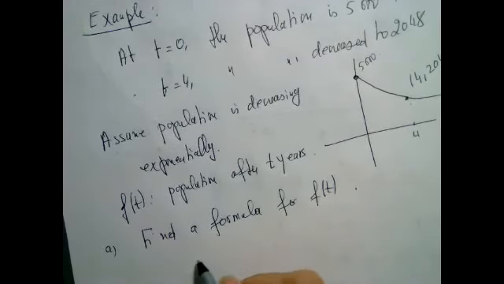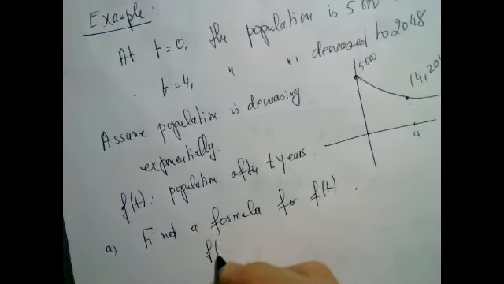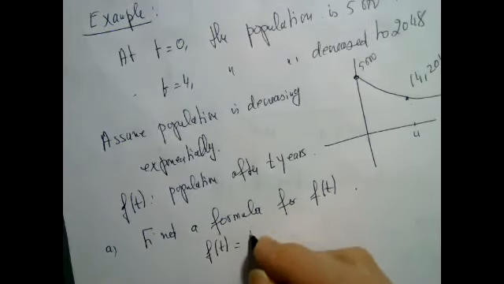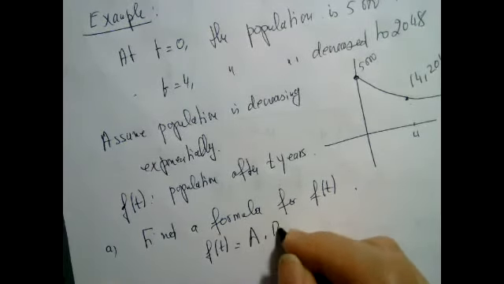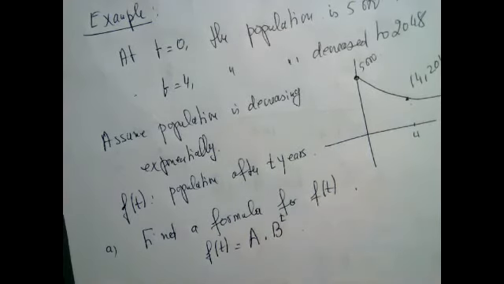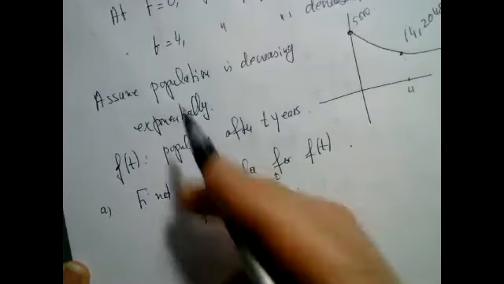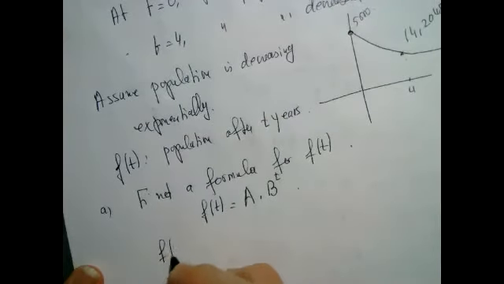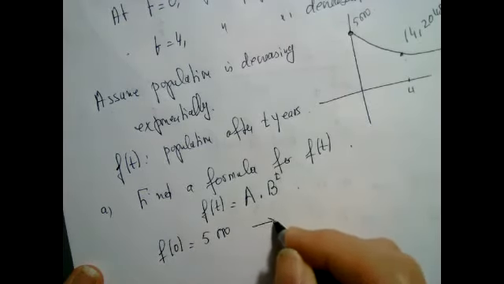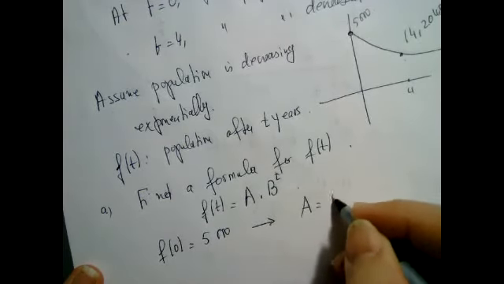All right, since it's an exponential, it means the function has the form a times b to the t. Okay. And now to find the formula, I need a and b. Now what's given? Initially, we have 5,000. So that means that a is 5,000.